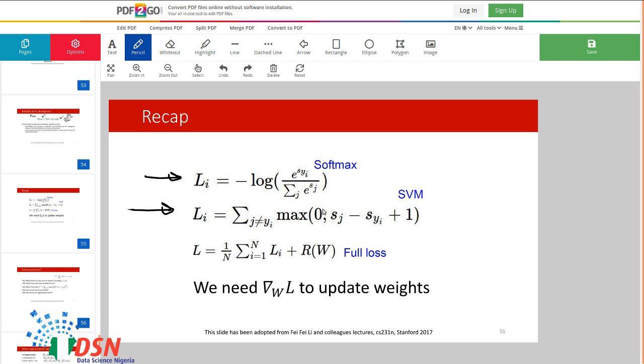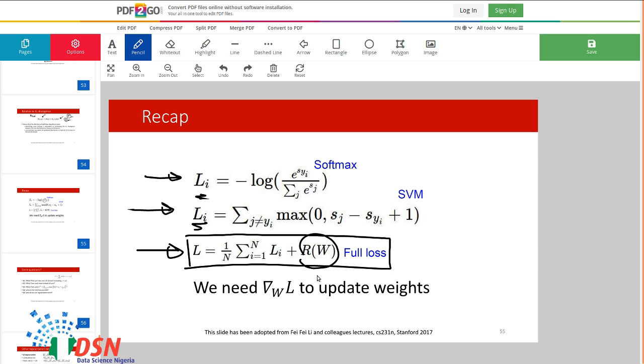We have seen SVM loss or hinge loss, and the full loss also has a regularization term. So these are the loss per each training data. When we want to calculate the whole loss for all the training data, we should use this formula.